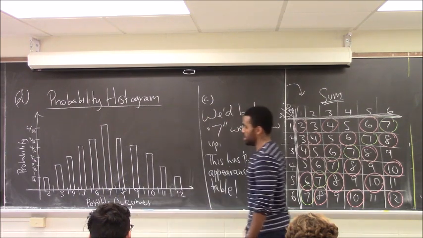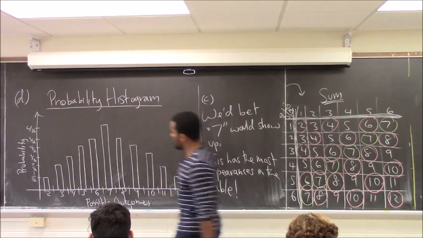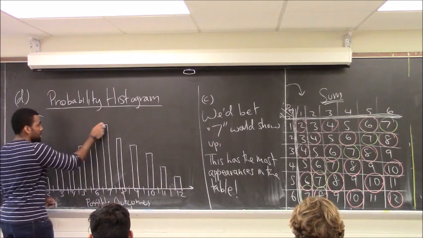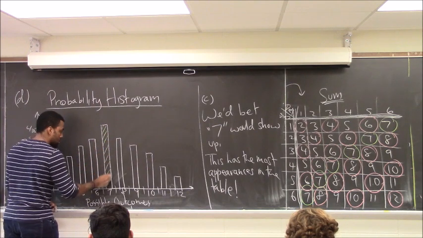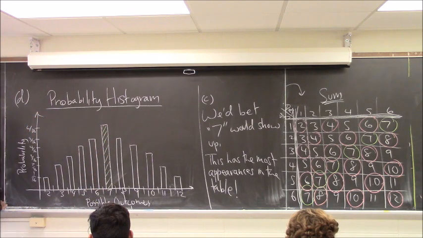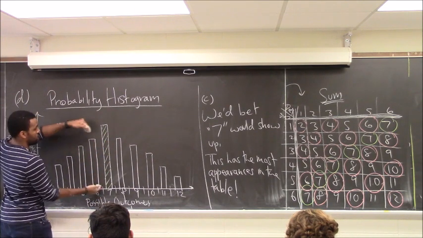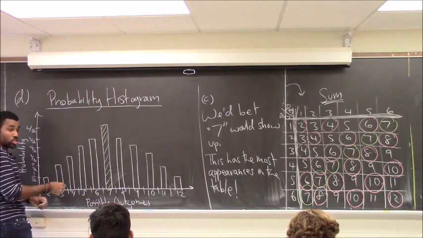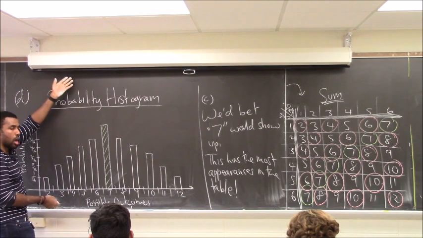So that's what the probability histogram will do. And you'll notice that in terms of any one particular roll, 7 gives you the most. However, if you were to take all of these and stack them on top of each other, it's far more likely that you not get a 7.